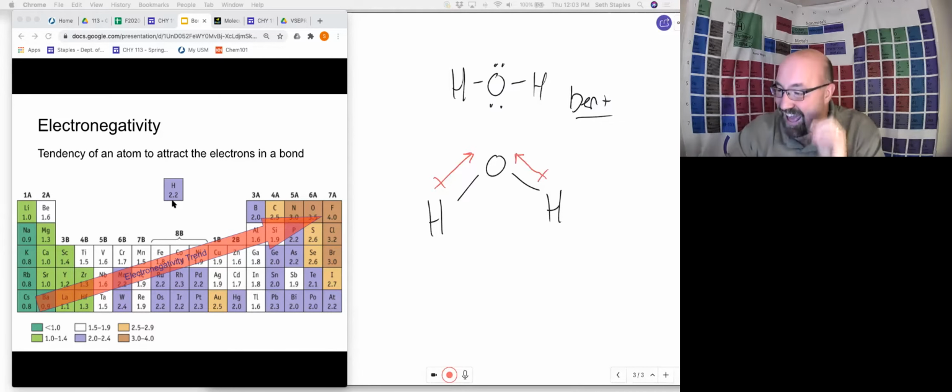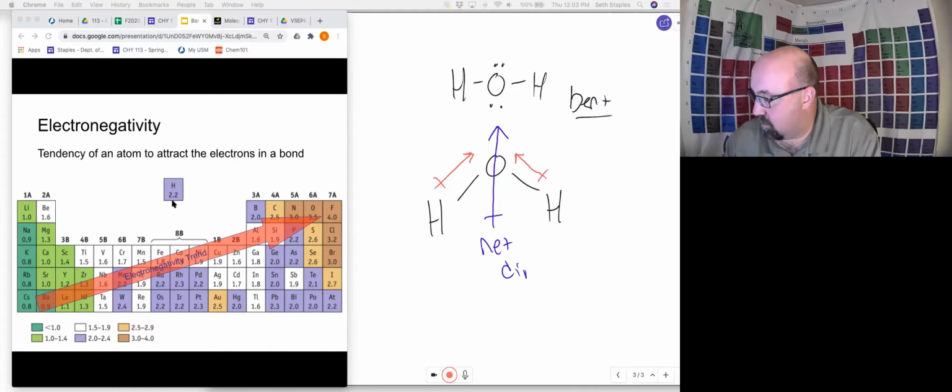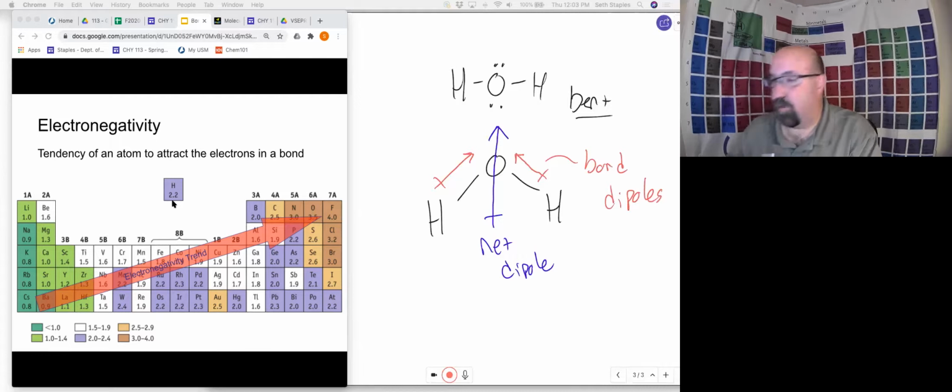And so the net effect, the overall effect of these two bond dipoles is going to be a net dipole going straight up. And remembering that these in red, those are bond dipoles.